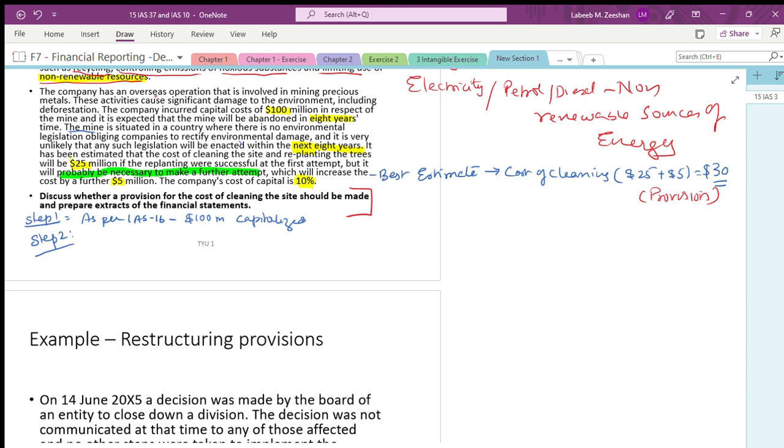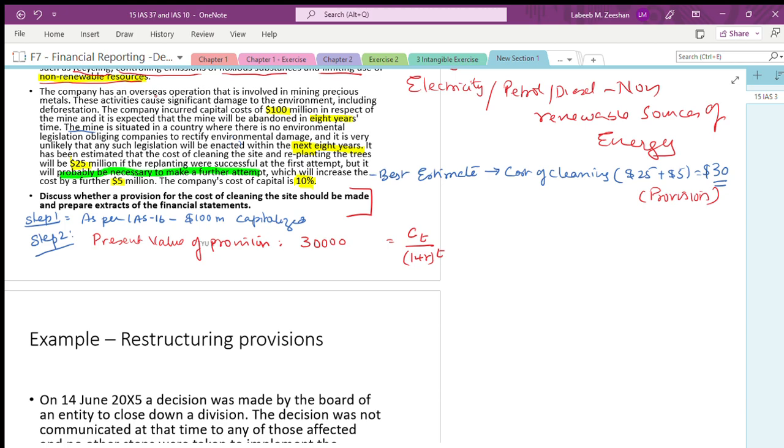Now calculate the present value of provision. How much are we giving? 30,000. See, what is the formula for that? C divided by 1 plus R to the power of T.